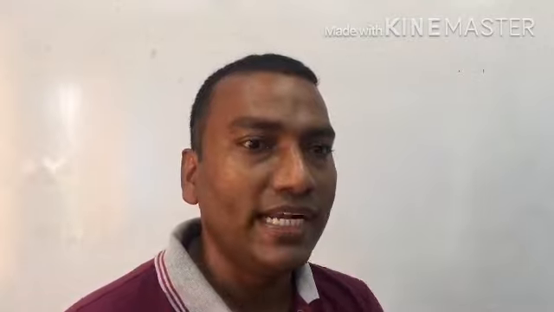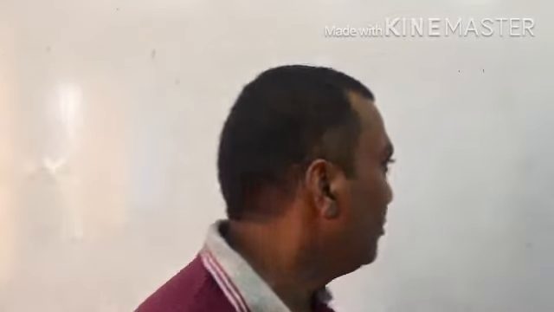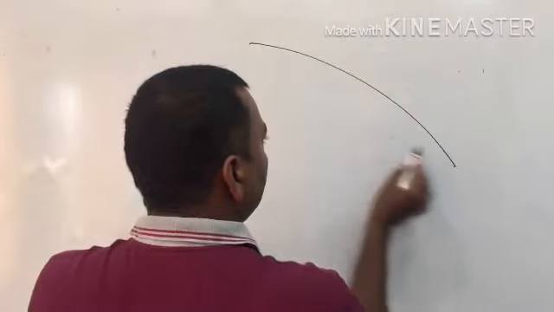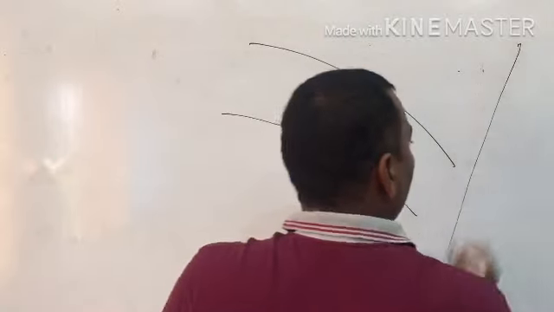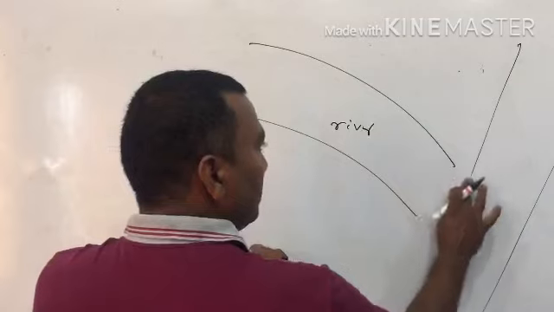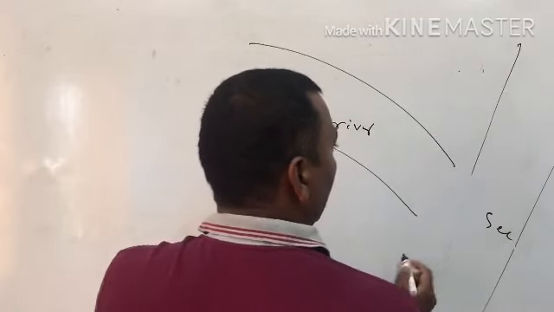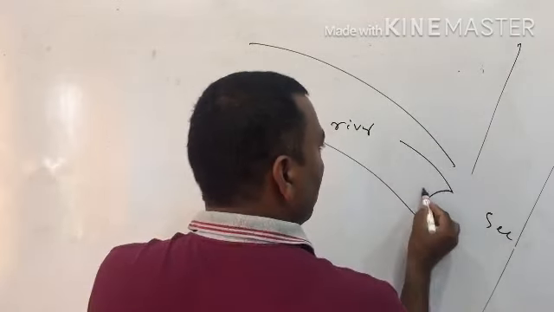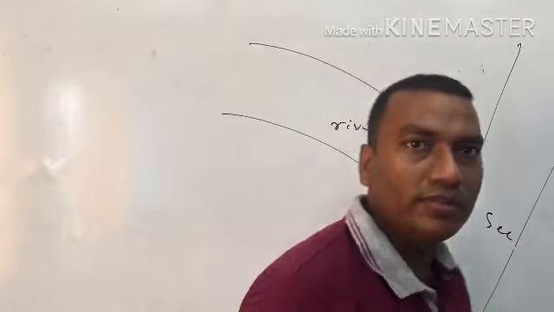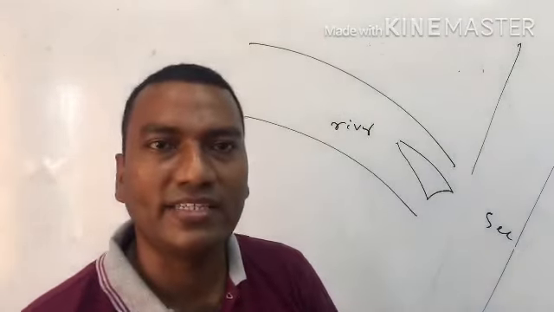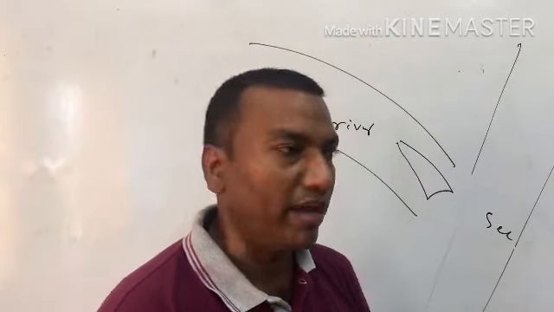Delta, you see, suppose this is the river and this is our Bay of Bengal. When the river meets the sea water, here formation of delta takes place. The biggest delta in India is Sundarban in West Bengal.